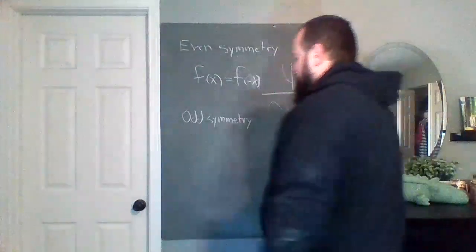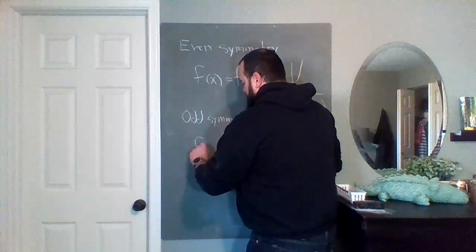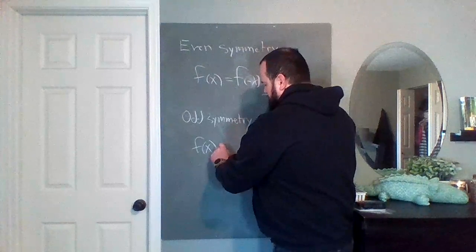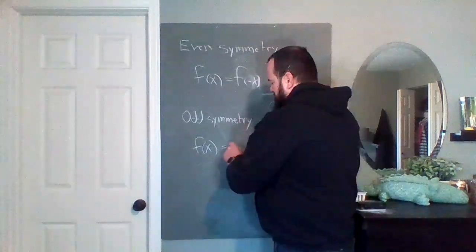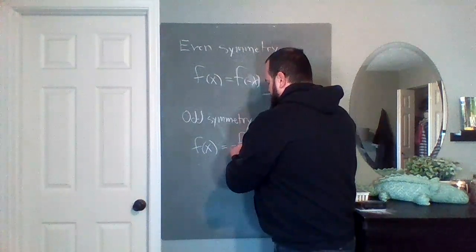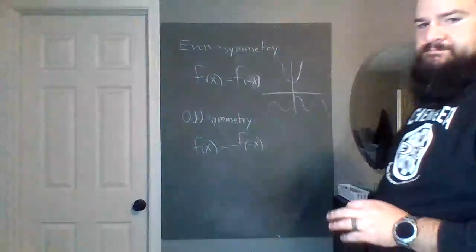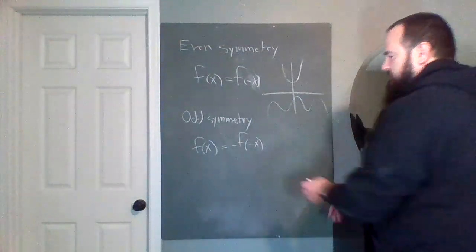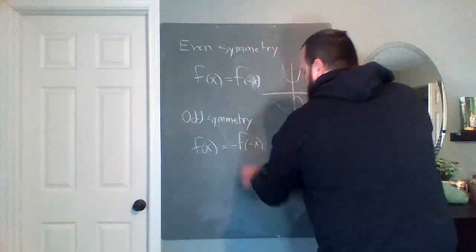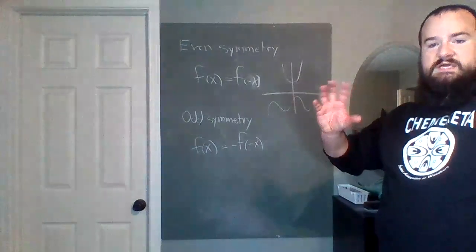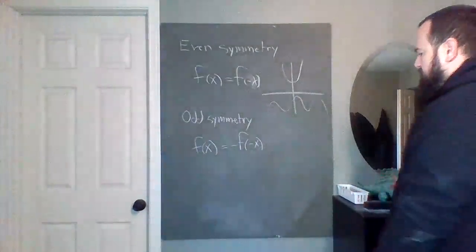For odd symmetry, that means that f of x is equal to negative f of negative x. Now, symbolically, this is kind of weird looking and kind of strange. But what this really means is very simply we have a rotational type of symmetry.